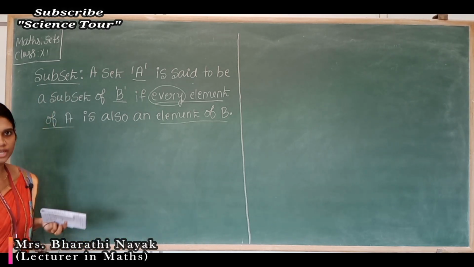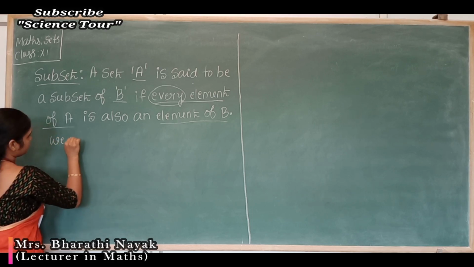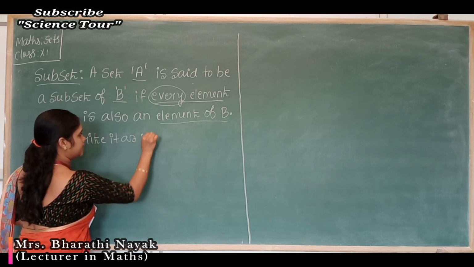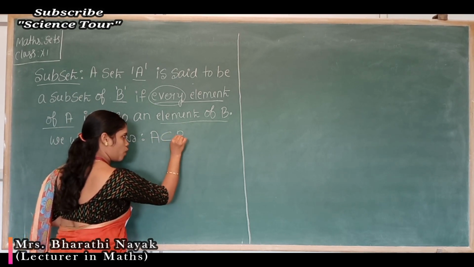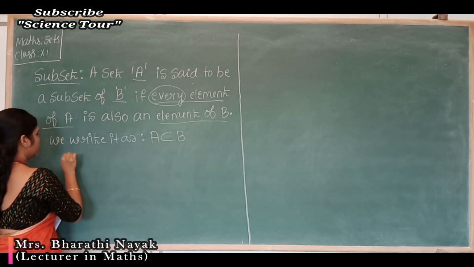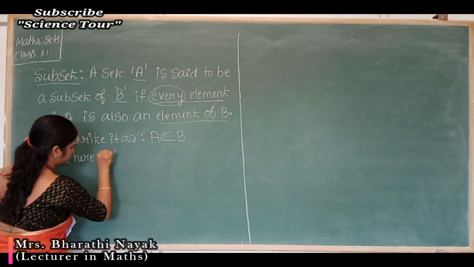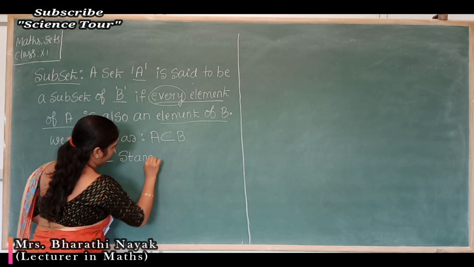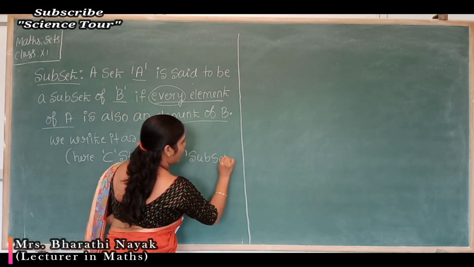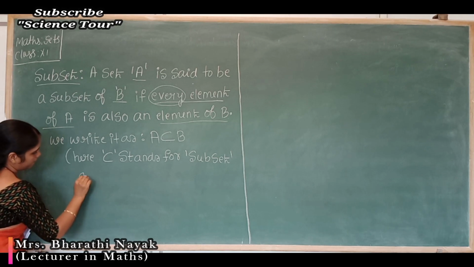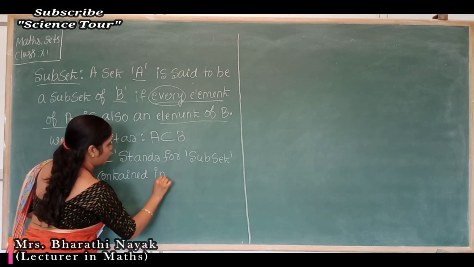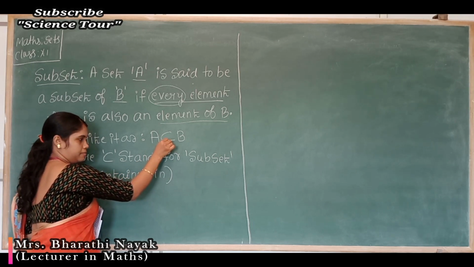So how to represent it symbolically? We write it as A is a subset of B. Here this symbol means subset.